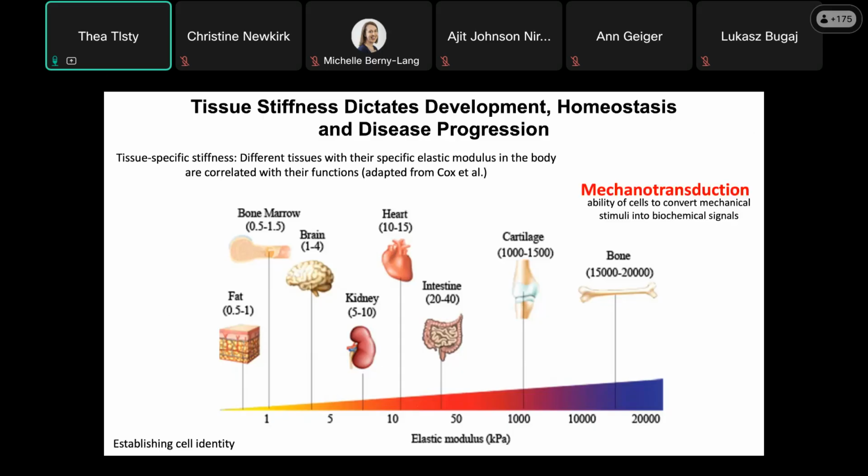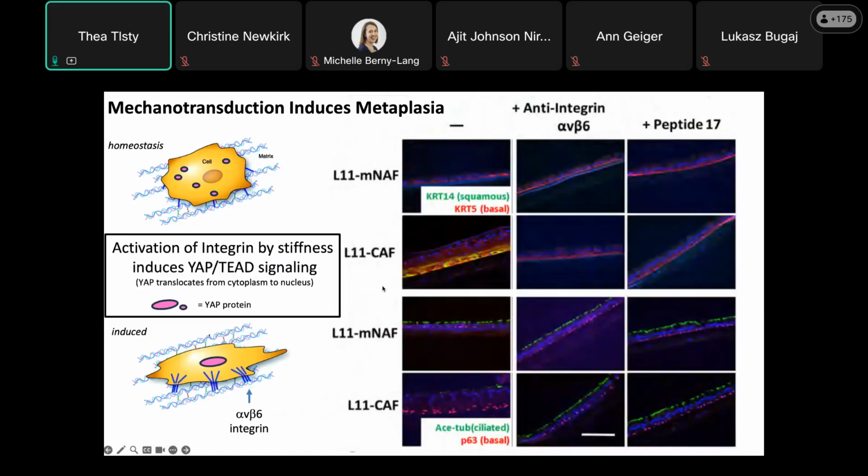It works through mechanotransduction. Mechanotransduction often works through YAP-TAZ signaling. And so here is a cell at homeostasis. YAP, which is a transcription factor, is located in the cytoplasm, so it's inactive, and the cell is happy.